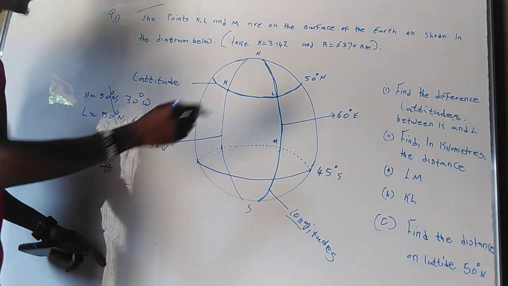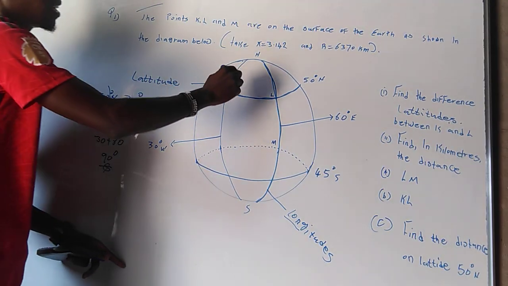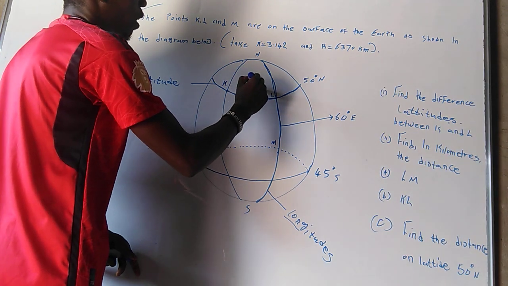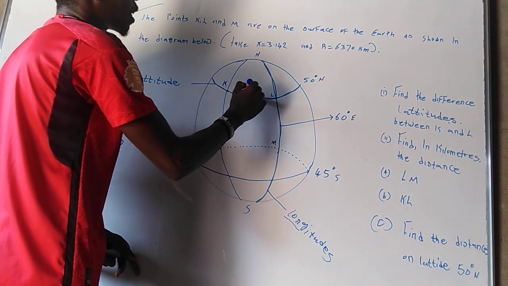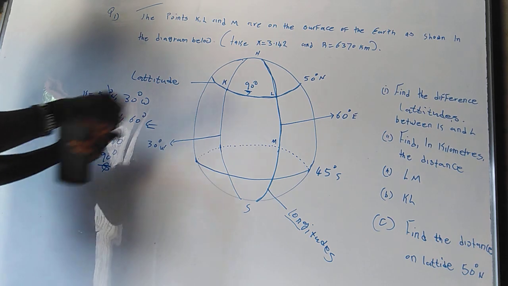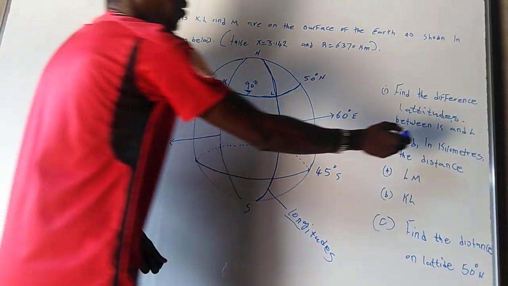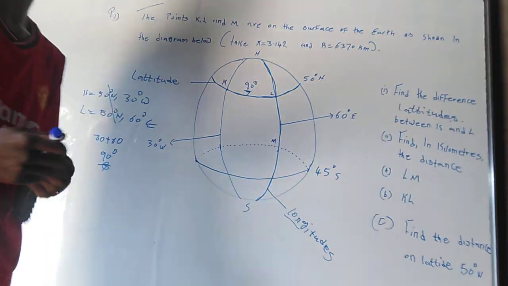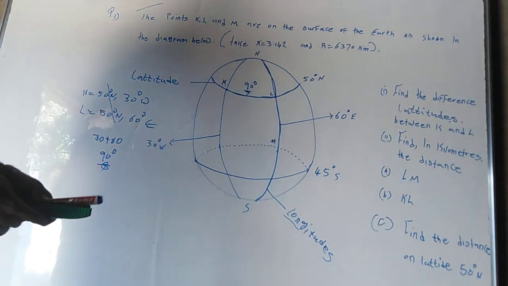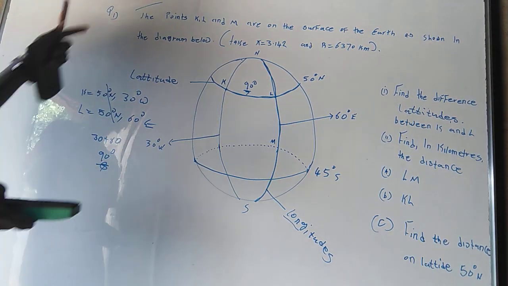So the difference between K and L is 90 degrees. Our answer for question number 1 is 90.